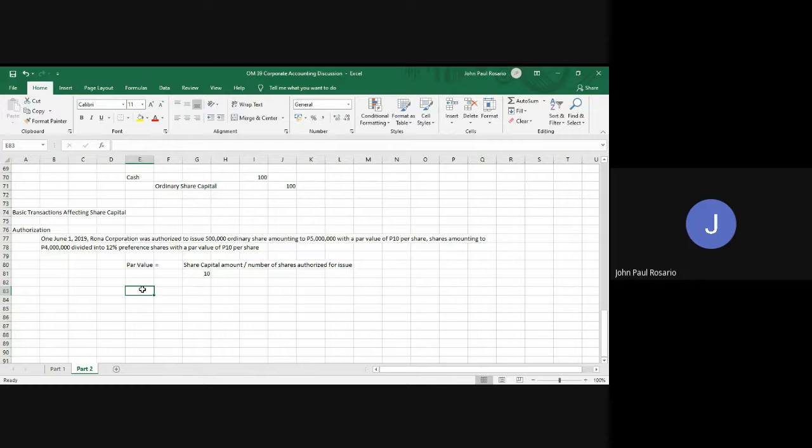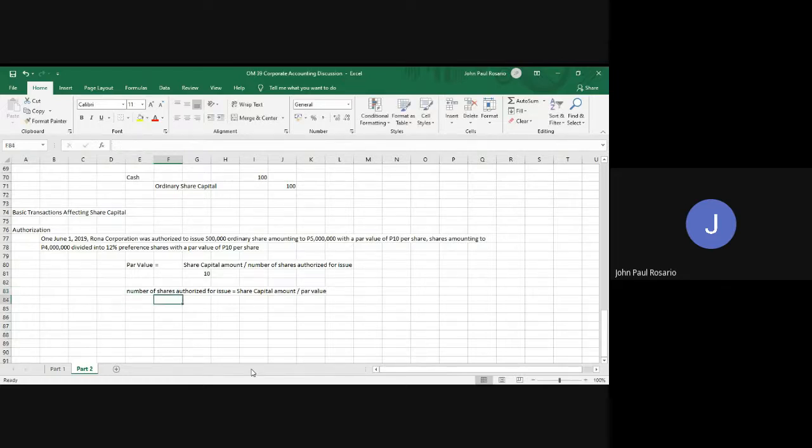So the number of shares authorized for issue is equal to the share capital amount divided by the par value.